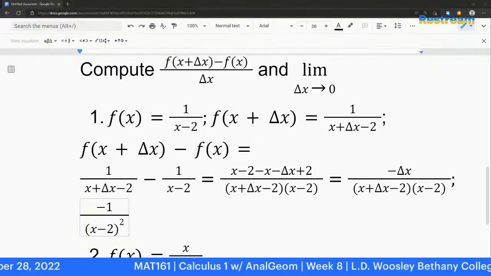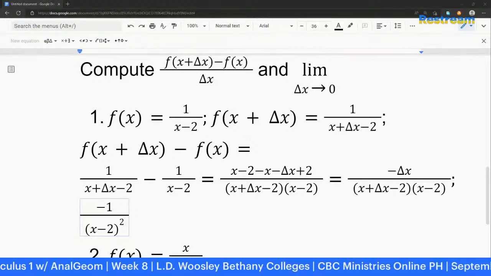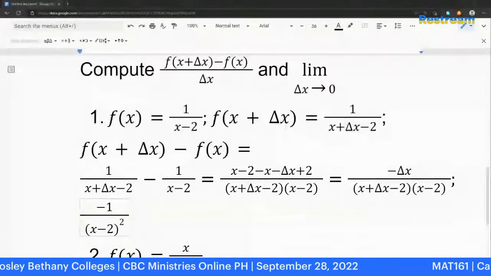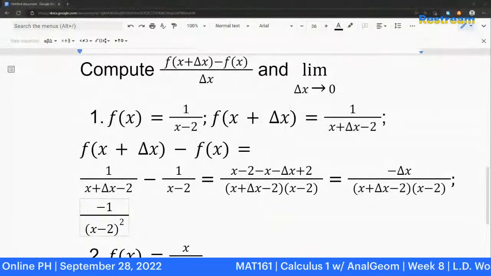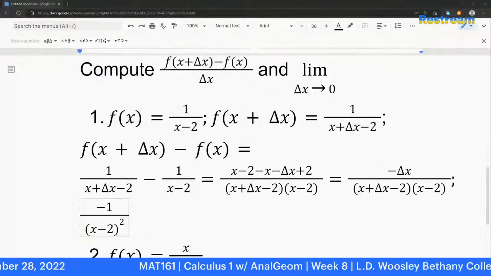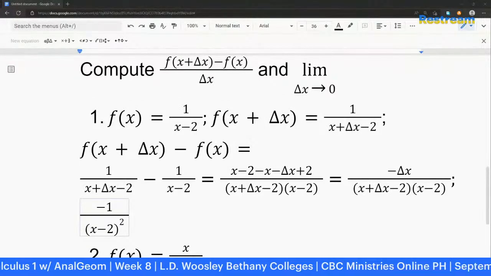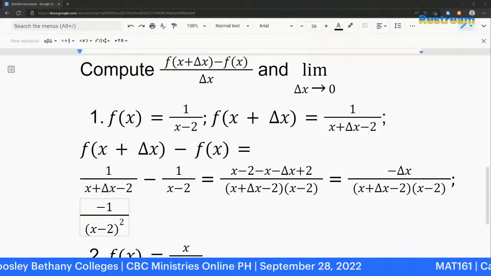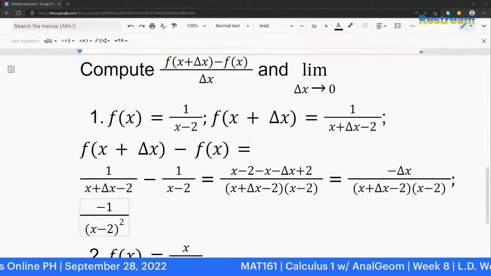Ulit, salita ka ulit. Hindi ko masyadong marinig. Come again, no, Banji. Delta x so x minus 2.